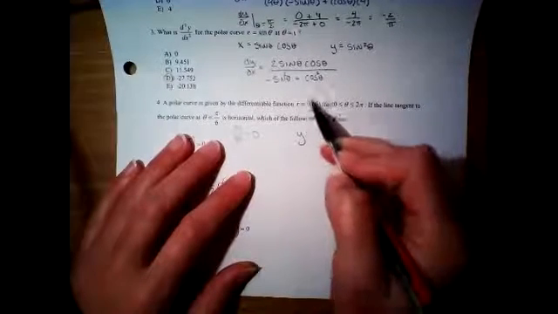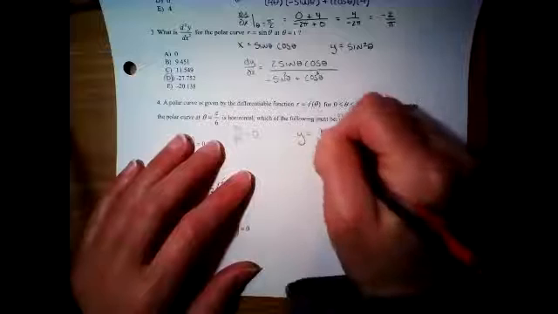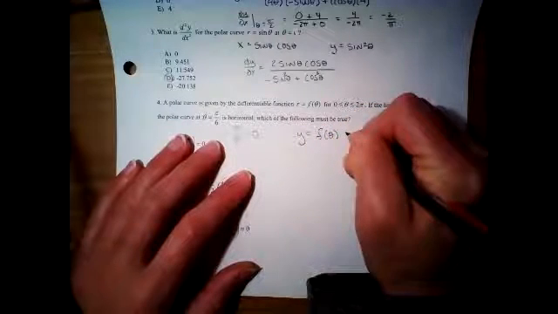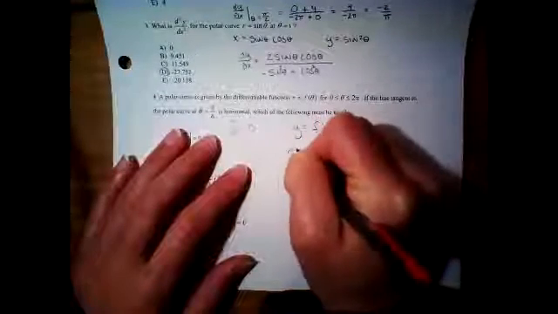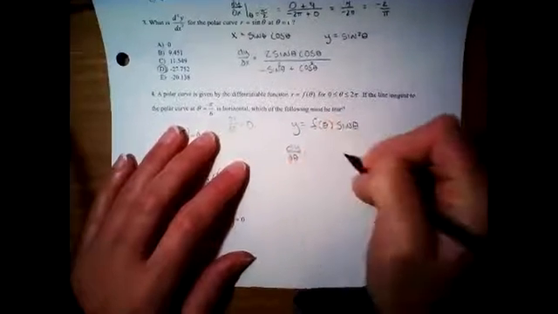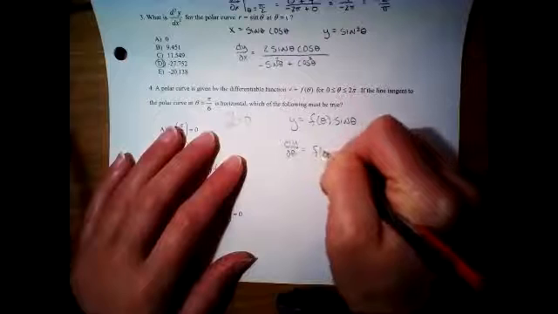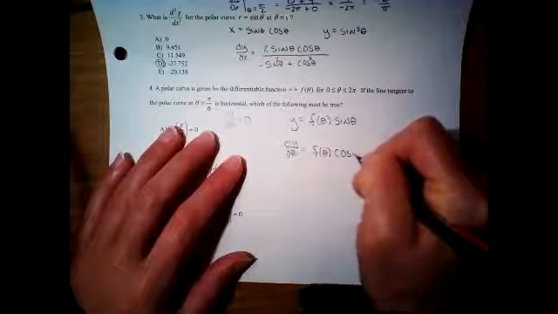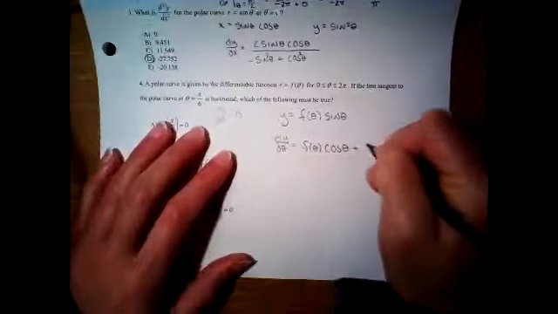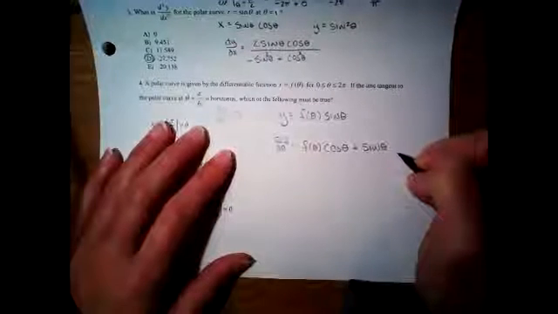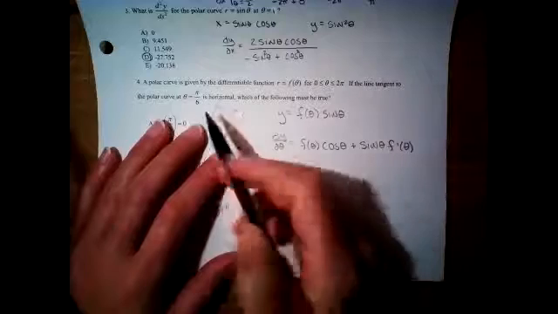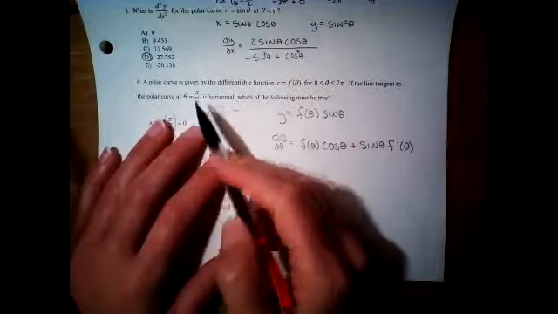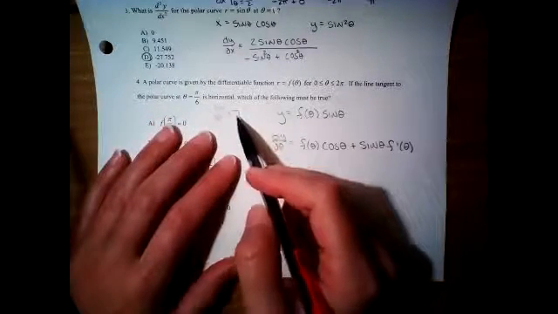So y would be r, which is this f of theta, times sine of theta. And so we're going to get that derivative, which again will be a product rule. So it's going to be first times derivative of the second plus second times derivative of the first. And we're going to plug in pi over 6 for the angle and then set it equal to 0.